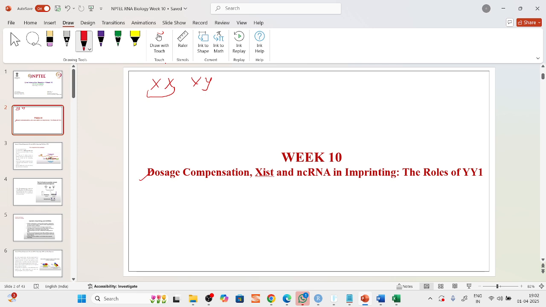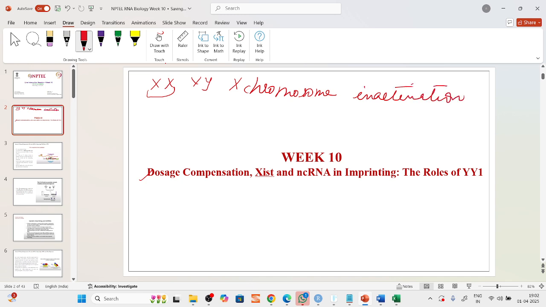So, to compensate for this, nature has devised itself in such a way that one of the X chromosomes does not share its expression. Expression comes only from one of the X chromosomes. So one of the chromosomes gets inactivated, and this phenomenon is known as X chromosome inactivation.